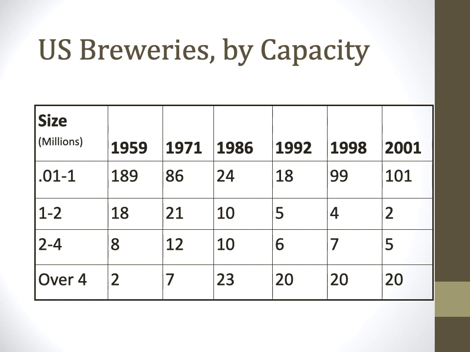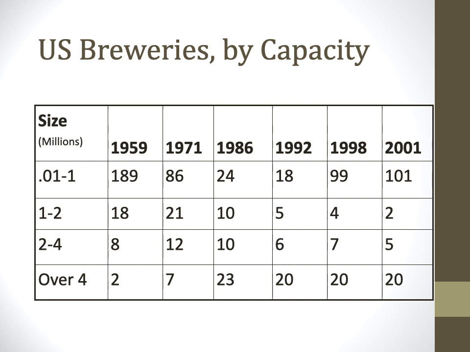But if we look at the middle 2 rows, we can see a decline in the number of mid-sized breweries. So we look over time, those 1 to 2 million went from around 20 to just a couple, and the 2 to 4 million, we can see a little bit of increase as we had some growth in the 70s and 80s, and then they shrank down as well.